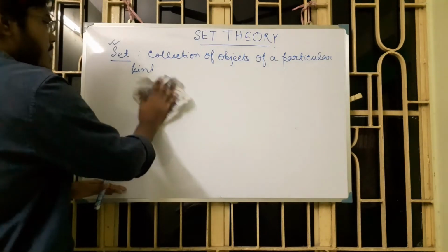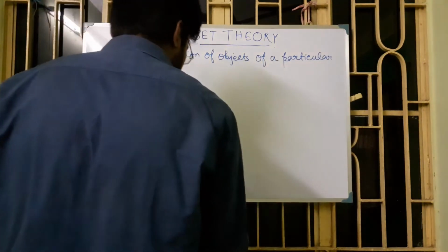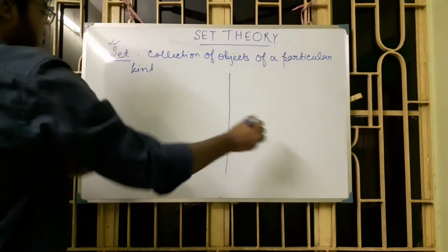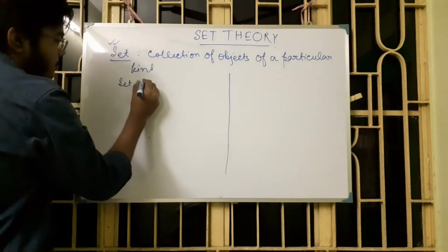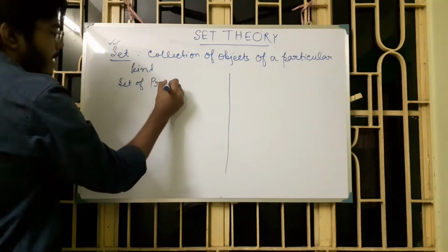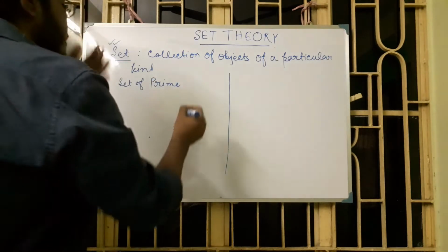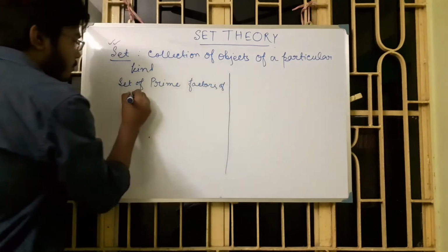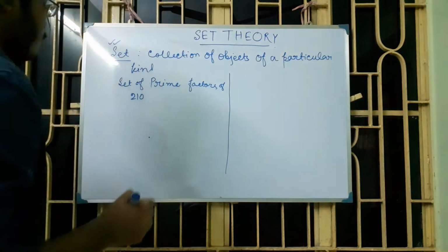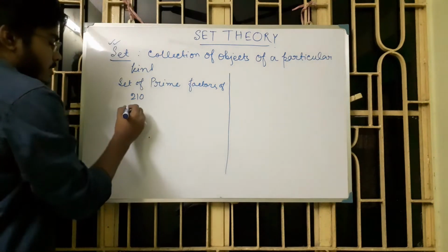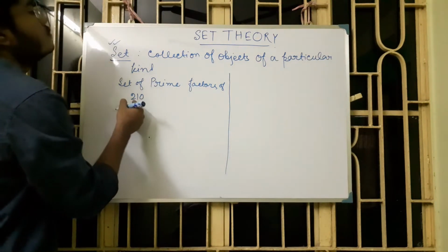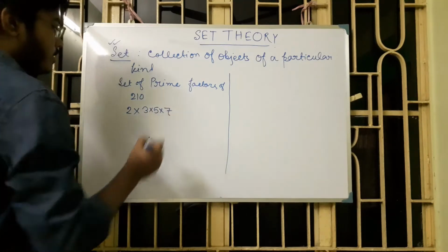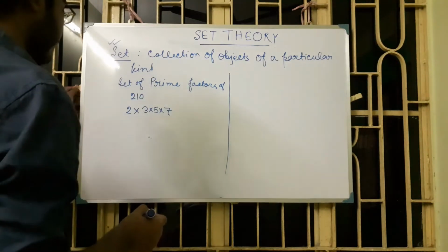One more thing: let's say the set of prime factors of 210. So what are the factors? 2 into 105, that means 2 into 3 into 5 into 7.